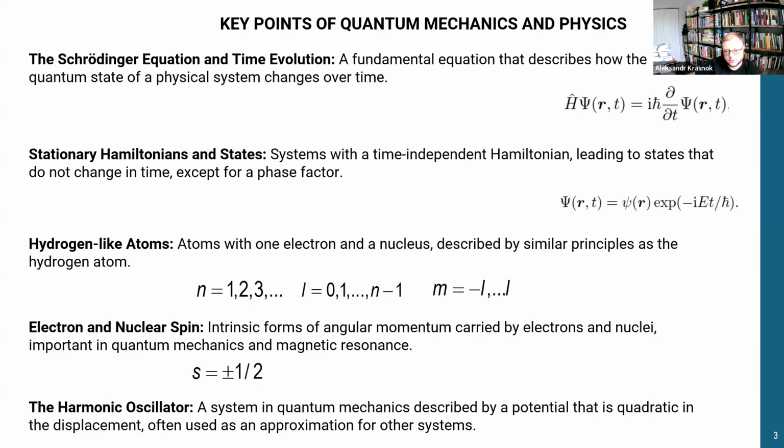So whenever you have this situation of a parabolic potential, you can apply the concept of the harmonic oscillator. This is one of the most important concepts in physics. In fact, many modern theories, like quantum electrodynamics, quantum gravity, quantum optics, and photonics, often describe things in terms of harmonic oscillators.